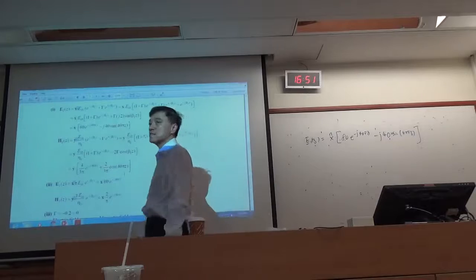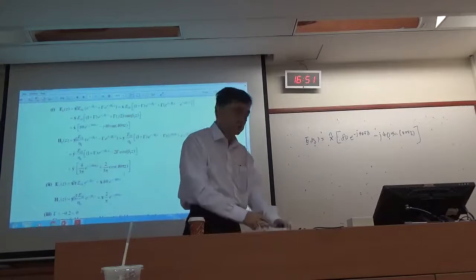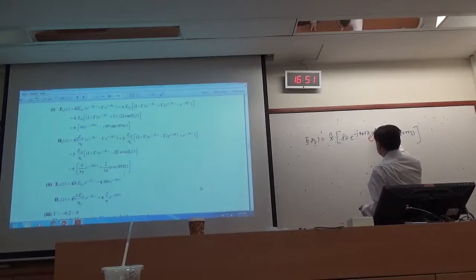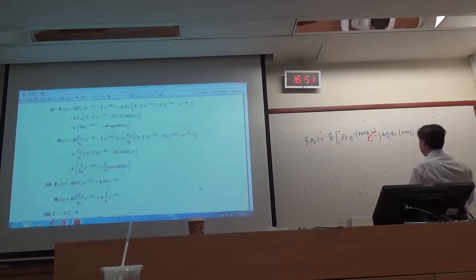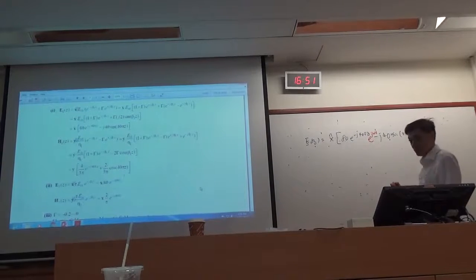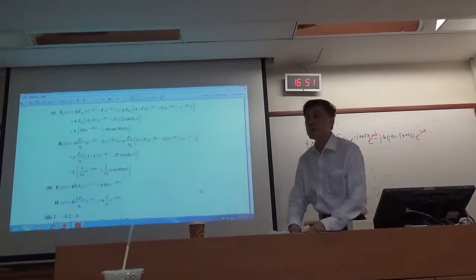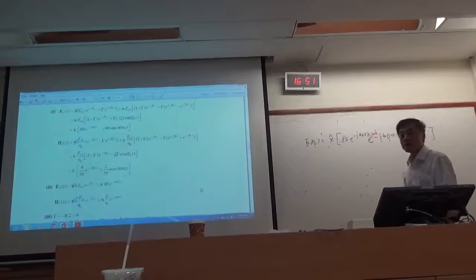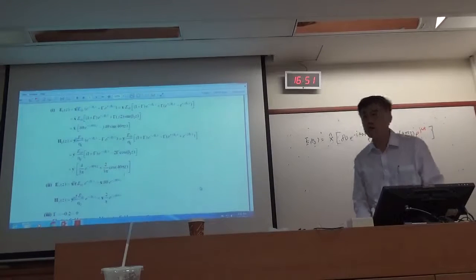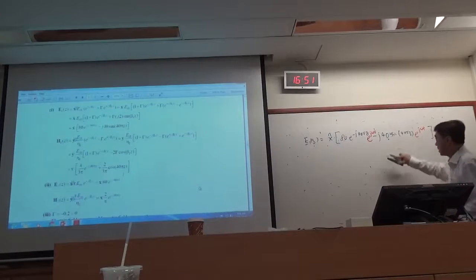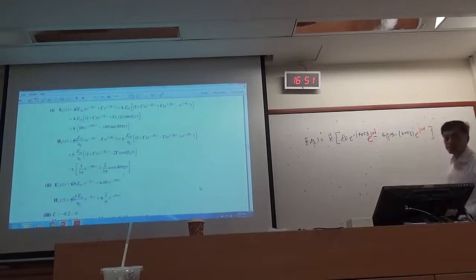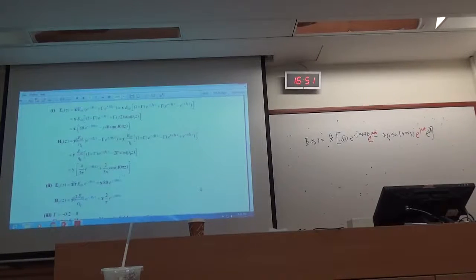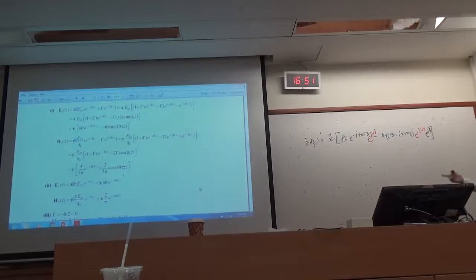Okay, how do we get the instantaneous form? We do it by introducing the e^(jωt), right? We just put the e^(jωt) back in, and then you take the real part. But before you do that, because there's a j here, I just put e^(jπ/2) to replace the j.